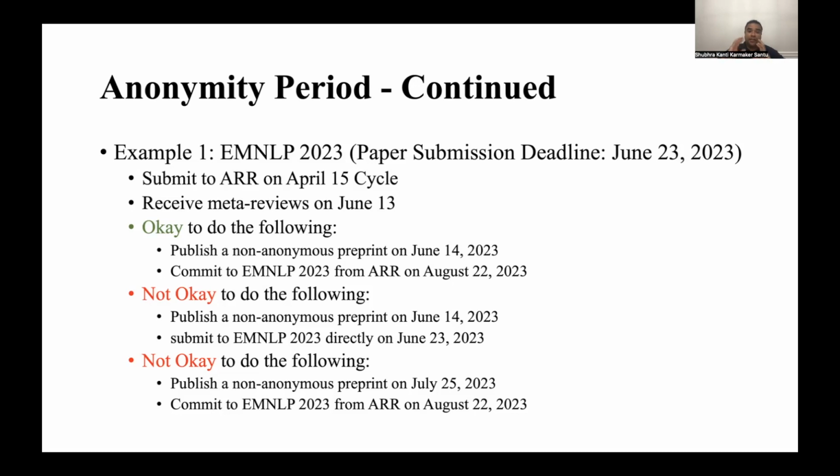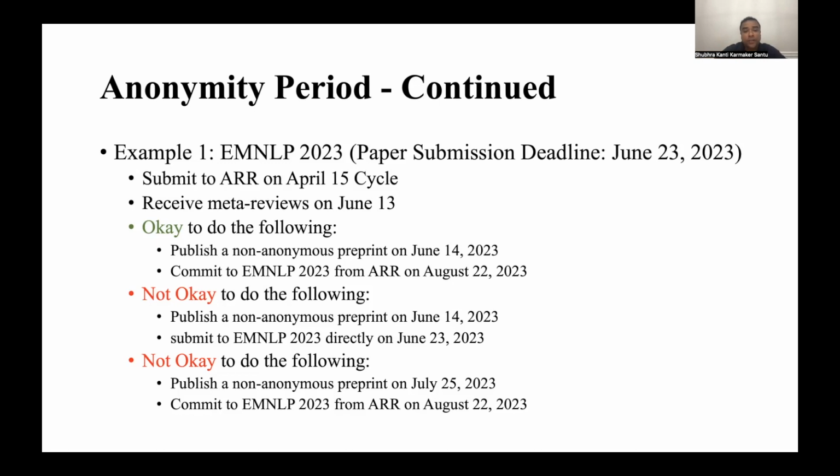Now, the authors can still publish a non-anonymous preprint on June 14 because the paper is no longer under review with ARR on June 14. So it's okay to do. And it's also okay to commit to EMNLP 2023 from ARR on August 22, because that is definitely 1 month after June 14 when the preprint was published.